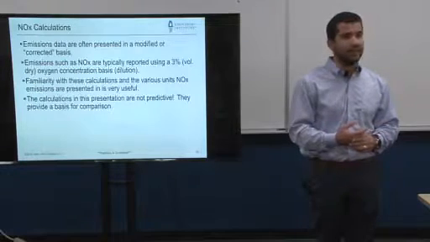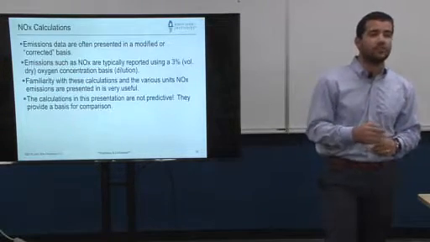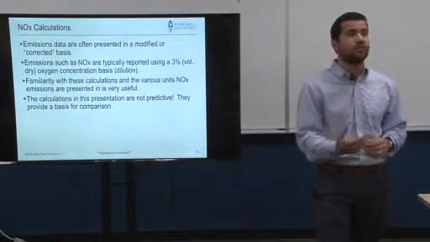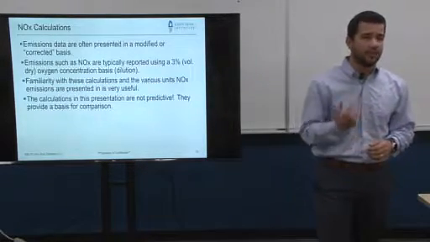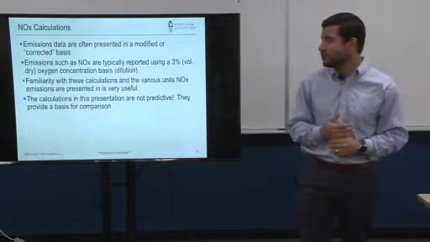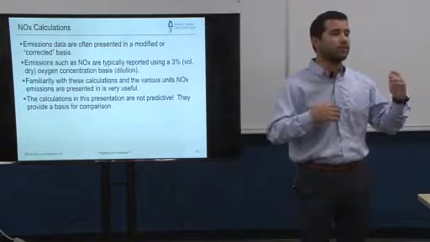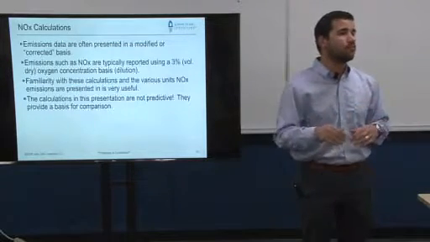And that was a lie. That's not correct. So what the API has done is essentially have you report at a 3% O2 basis, and the math to correct to 3% is super simple. And that really is helpful, so you can compare apples to apples amongst different burner operations.